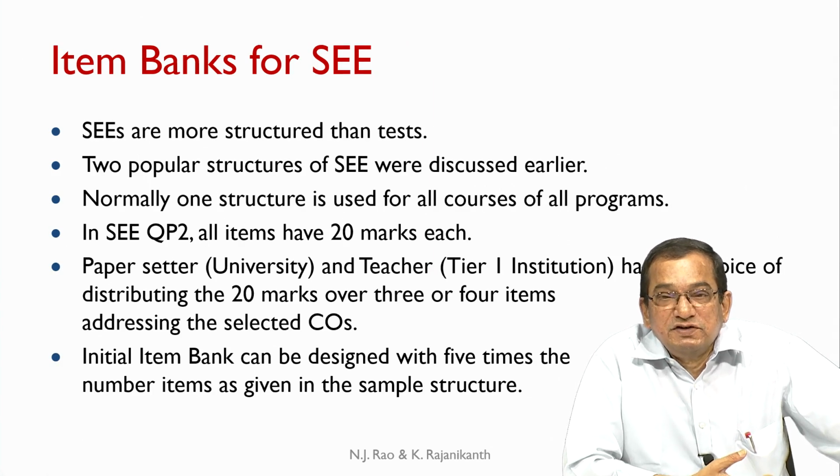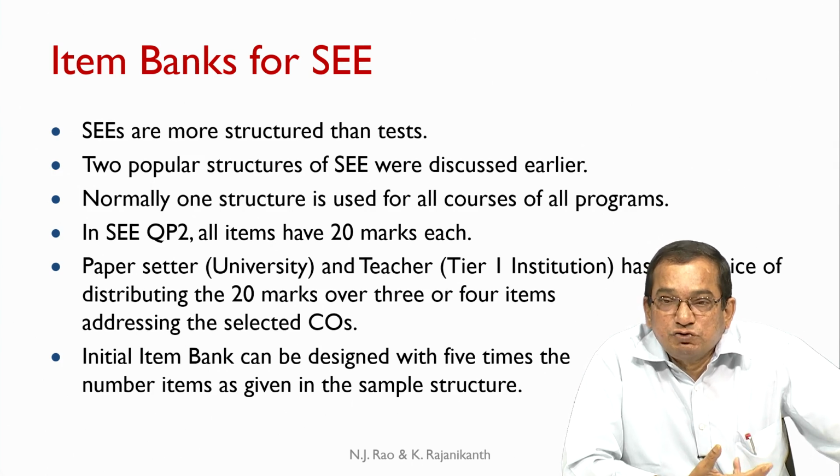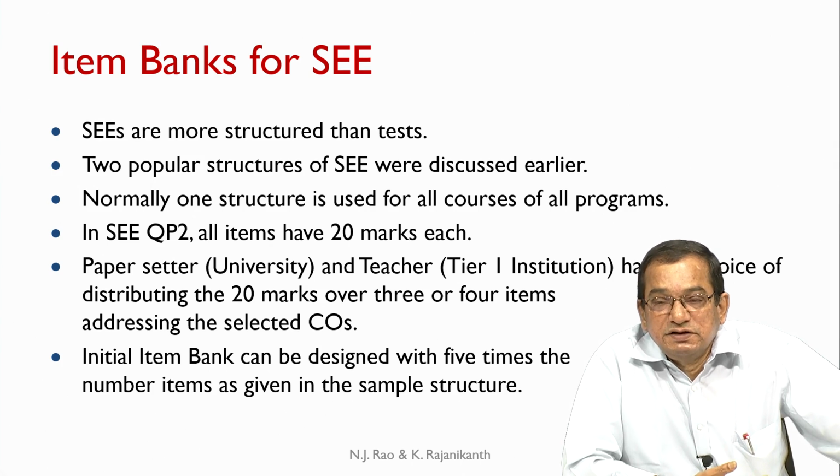Now, the item bank for SE. If you look at it, the SE is much more structured, because usually this is across the institutes. The two popular structures of SE were discussed earlier. Each question has the same number of marks. In one case they were 20 each, in another case they were less, 16.